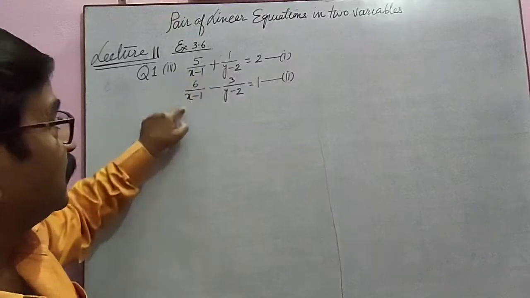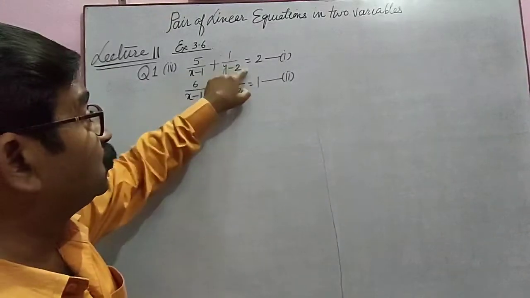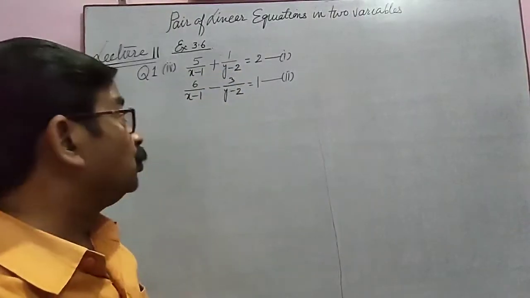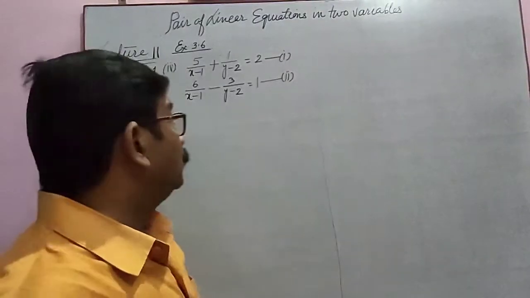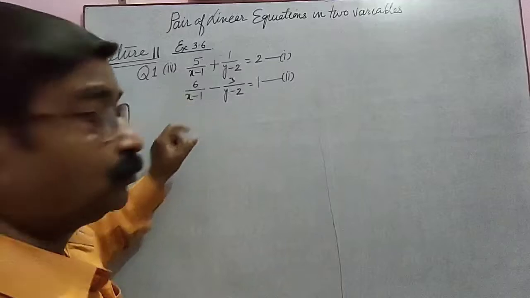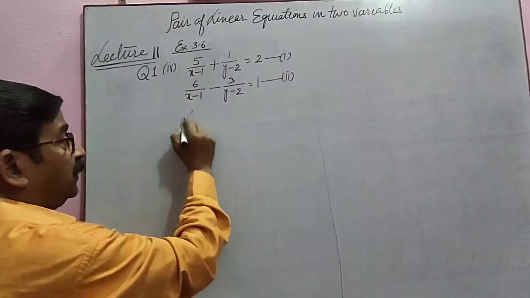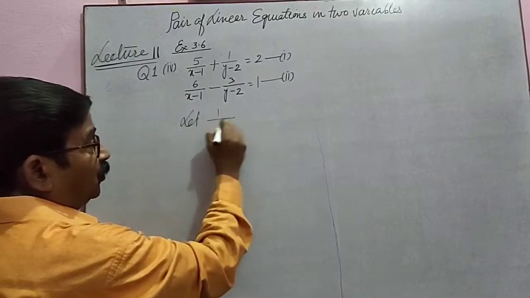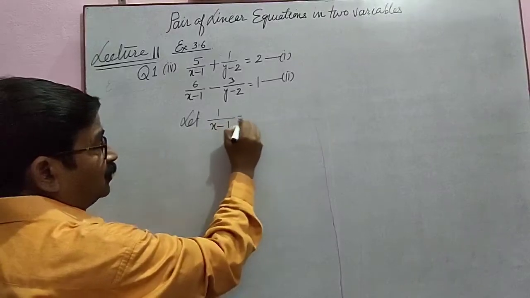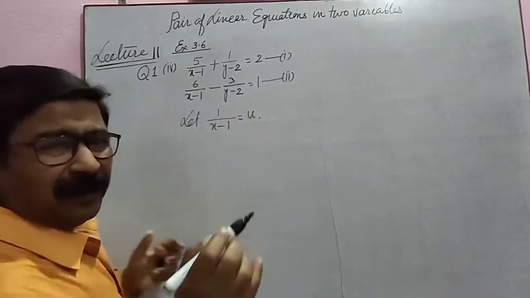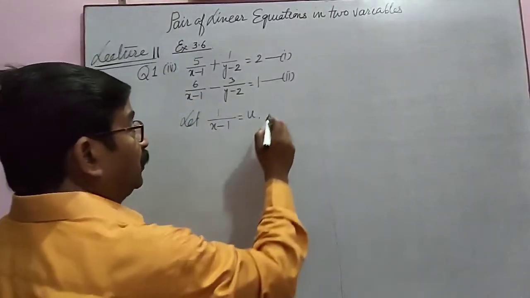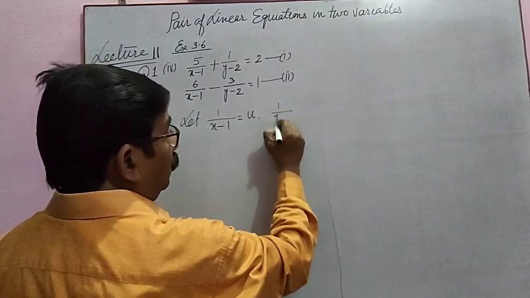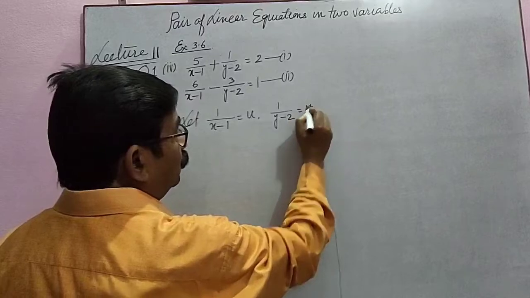It is x minus 1 in both equations, y minus 2 in both the equations. So we are going to solve this by the assumption method. We will assume the fraction now. What to assume? Let 1 upon x minus 1 is equal to u, or v or a, b, whatever you want to assume. 1 upon y minus 2 is equal to v.